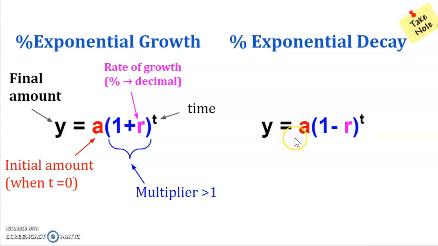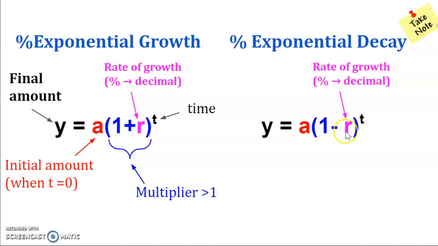But for the cappuccino exercise we just did, the rate of growth, or this should be rate of decay, which was 10%, we're told that it's going to go down by 10%. You first need to convert that to decimal. Okay, so 10% converted to decimal will be 0.1. So you need to subtract 0.1 from 1.